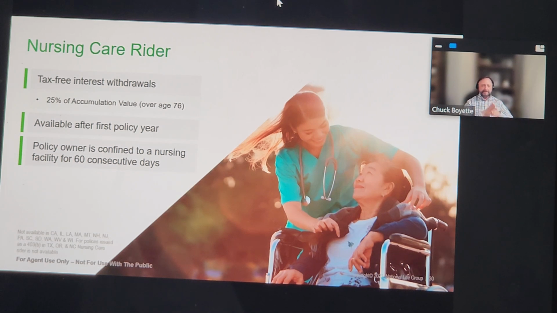So they're in a nursing facility for 60 days. They've had the policy at least a year. And then we do allow them to make withdrawals that are penalty free. The stipulation is that they can take up to 25% of their accumulation value if they're over age 76 without a penalty, or if they're younger than 76, up to $250,000.